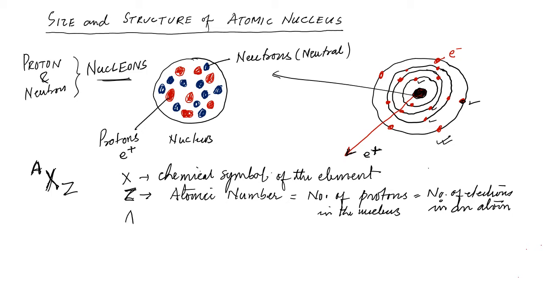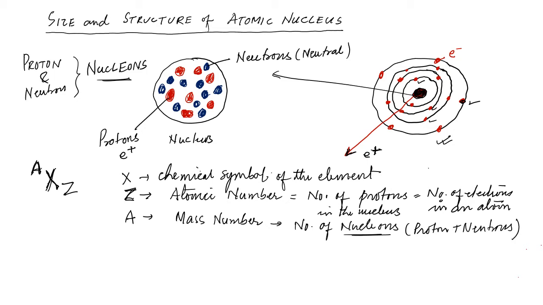A is known as the mass number of the nucleus, which is basically the number of nucleons. And what is the number of nucleons? This is protons plus neutrons.